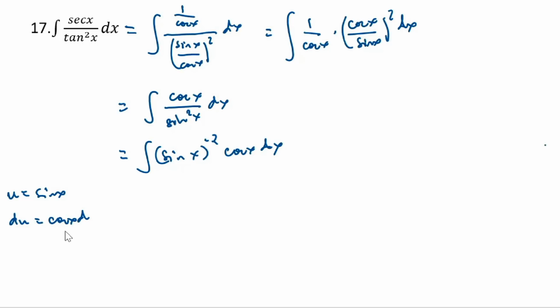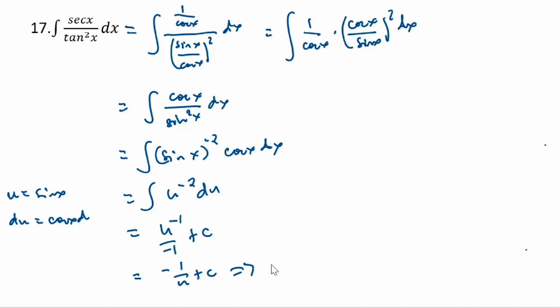So by rewriting that, it becomes now the integral of u to the power of negative 2 du. In that case, it's very easy now to integrate. We have u to the power of negative 1 over negative 1 plus a constant. Then that is now negative 1 over u plus a constant.